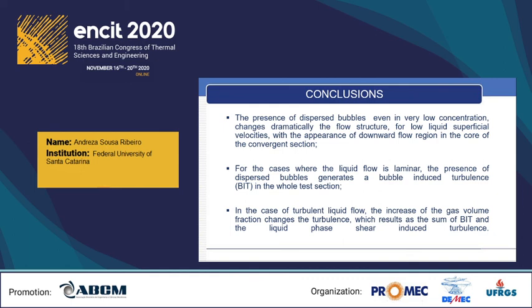For the cases where the liquid flow is laminar, the presence of dispersed bubbles generates bubble-induced turbulence. In the case of turbulent liquid flow, the increase of gas volume fraction changes the turbulence, which results as the sum of bubble-induced turbulence and the liquid phase shear-induced turbulence.